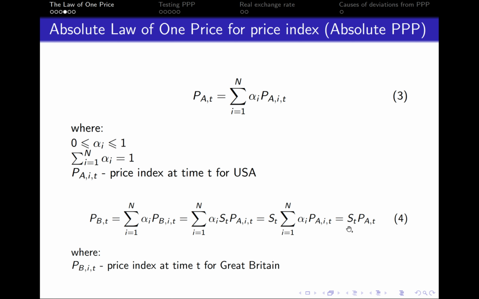And look, from that we get the same conclusions that we got from the first one, but now in more general terms. That if prices on average, so if the price index, is increasing in Great Britain while maintaining the same level in the United States, the exchange rate needs to go up. So we need to pay more for one American dollar.